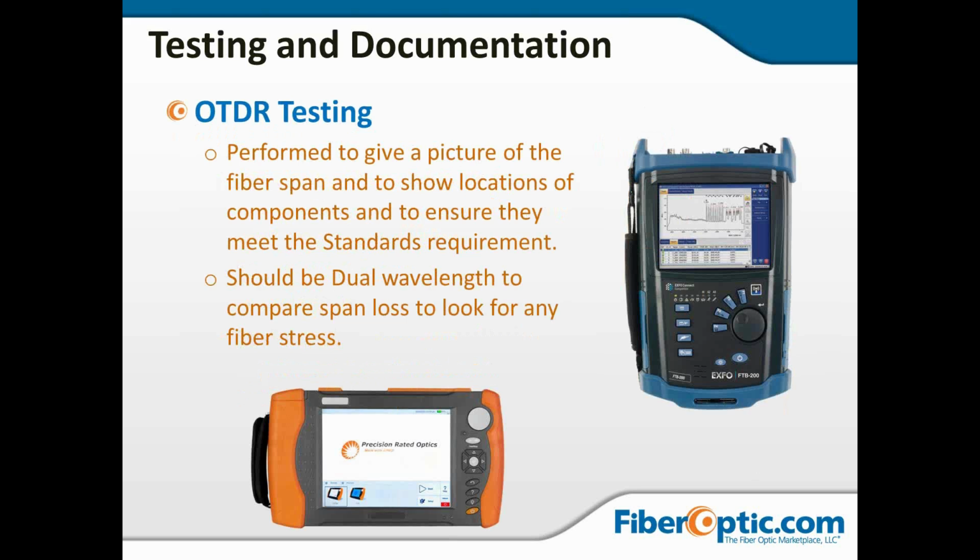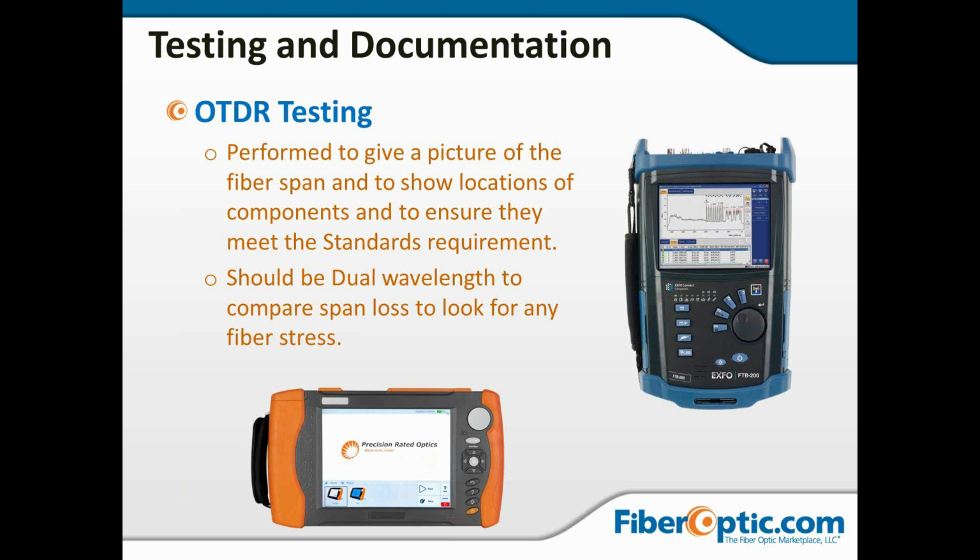Now, the OTDR is used to get a picture of the fiber span, whereas a power meter and light source measures power. And it is, for that reason, the most accurate device for determining loss. The OTDR is the most accurate piece of equipment for telling you where it is.